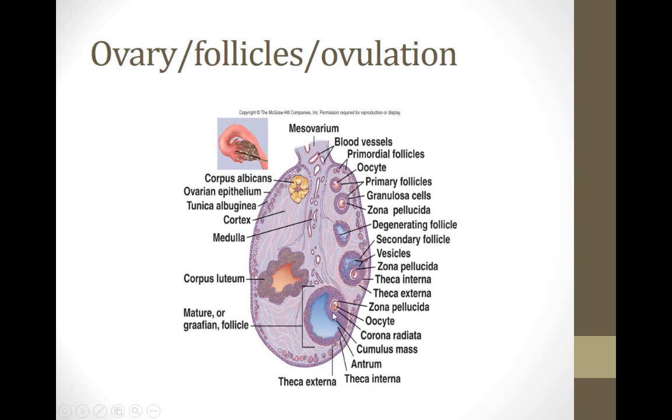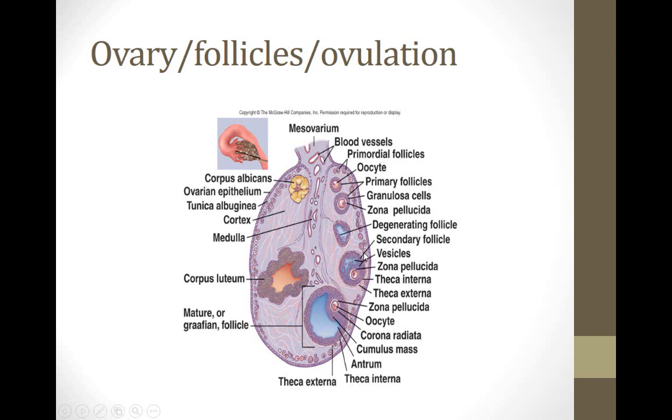It's really hard to ignore, and this secondary oocyte will be ovulated out, but this mature Graafian follicle is not ovulated out with it. That goes on to become this structure right here, which is the corpus luteum. Now the corpus luteum was the Graafian follicle prior to ovulation. Okay, so that's very important.